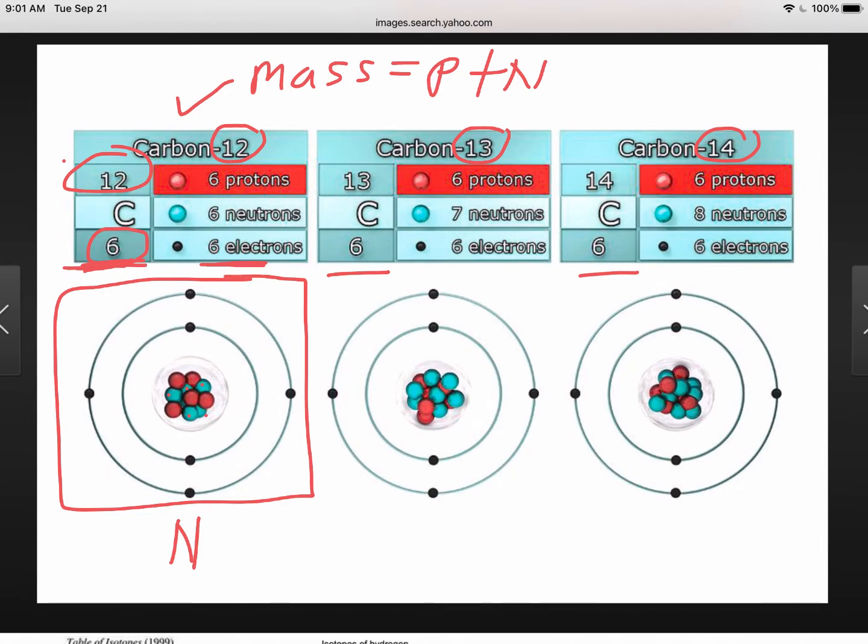This is from last Friday. You're going to subtract it. Very good. So 12 minus 6 gives me 6 neutrons. Good job. That's just a review from last Thursday and Friday. Now let's look at your second carbon. This one's carbon 13. Your mass is 13 minus 6. That gives me how many neutrons?